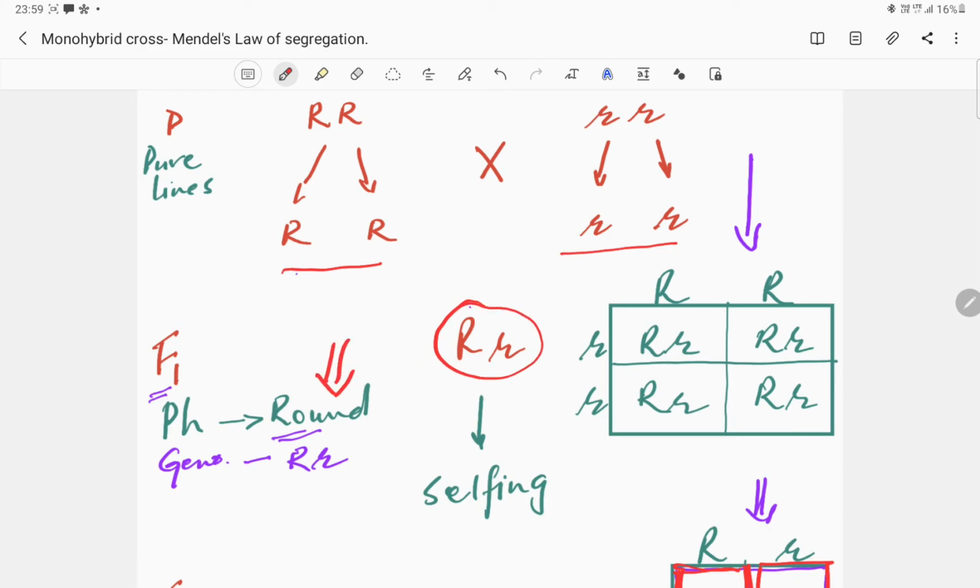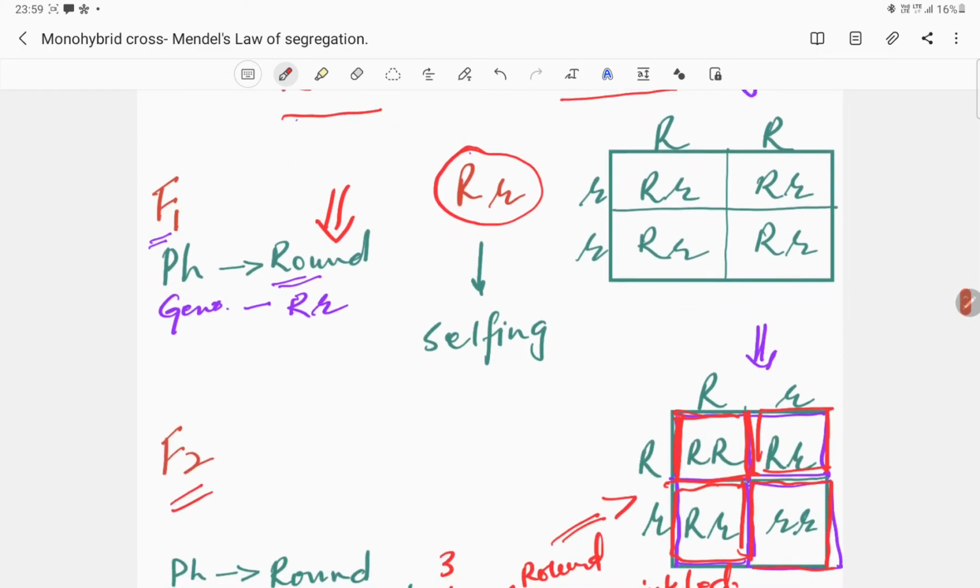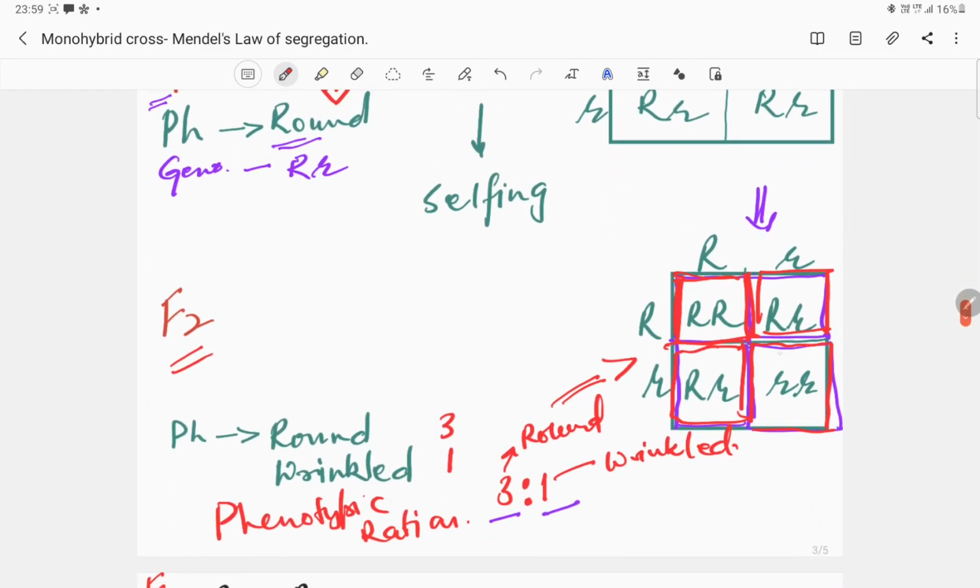Wrinkled is missing. But all of a sudden, after selfing in the second generation, the wrinkled seeds reappear. Can you see here? Let me draw a circle in the fourth column of the Punnett square. Please have a look here. And here we see in the second generation, the wrinkled seeds with the genotype small r small r had reappeared.